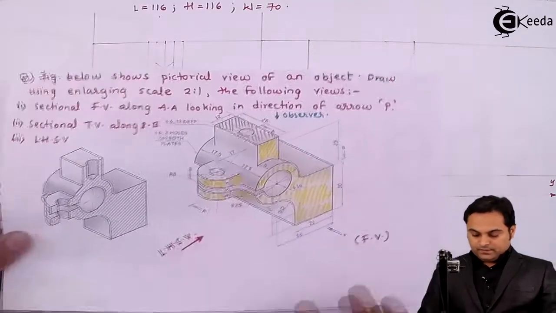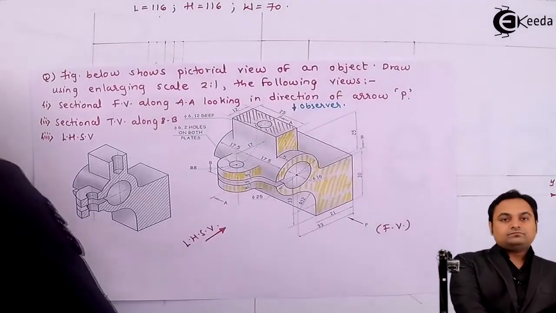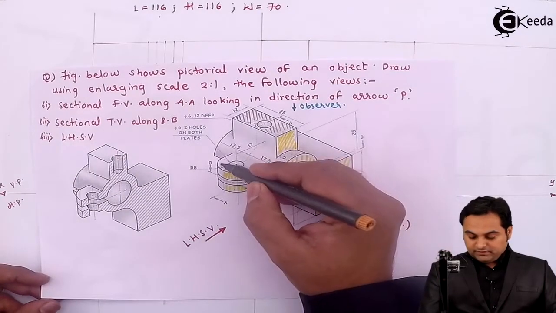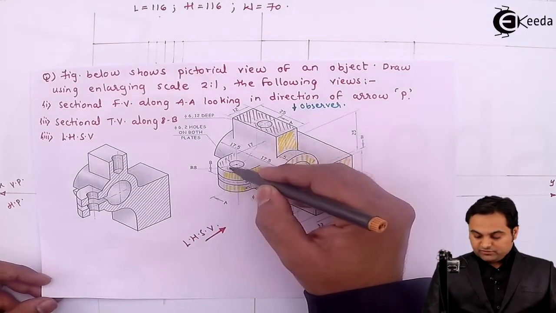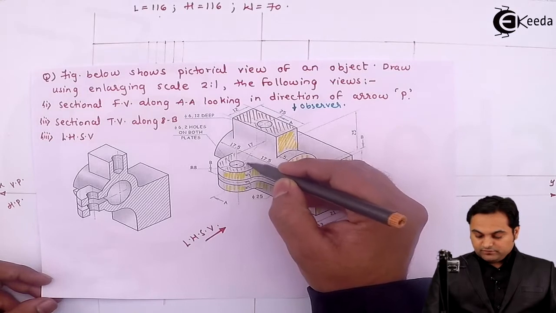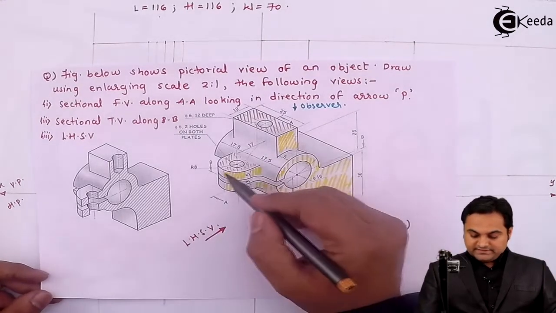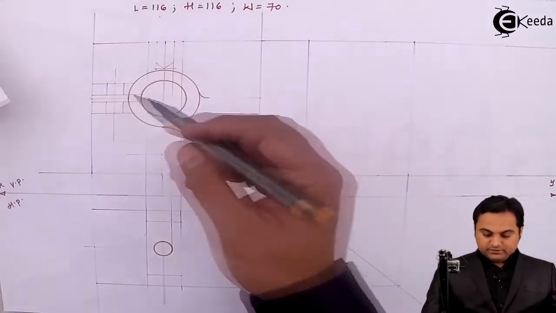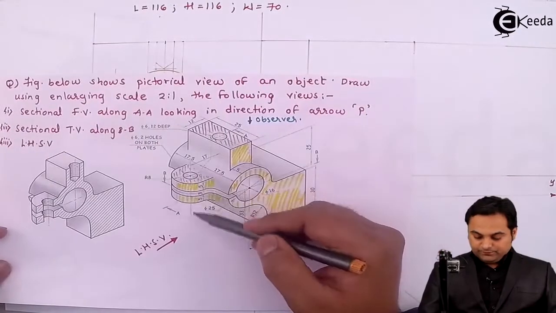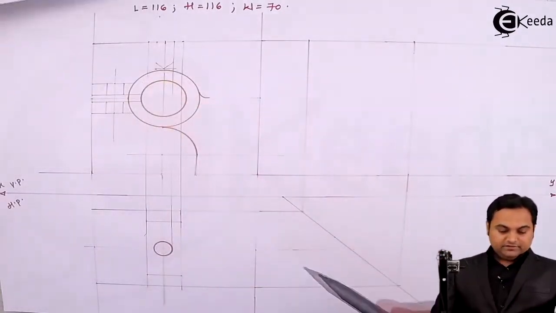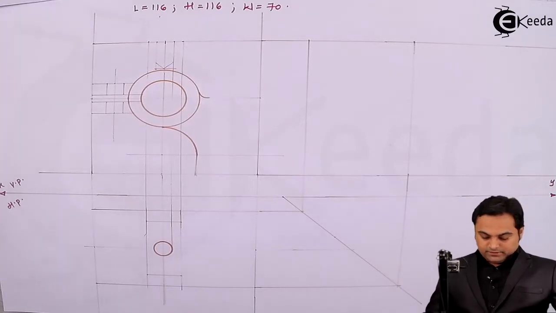Then at the same time, here there are these surfaces, semicircular surfaces, which are visible from the top. So it is exactly at the center, and its center in the front view is already there with us. So I'll project that line into the top view.